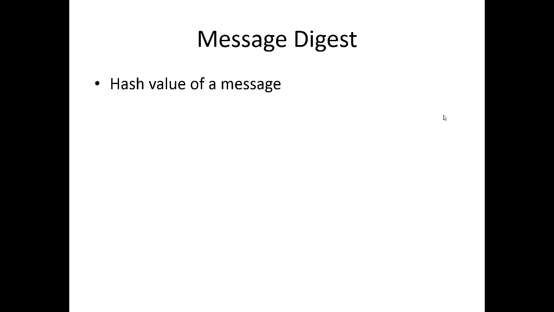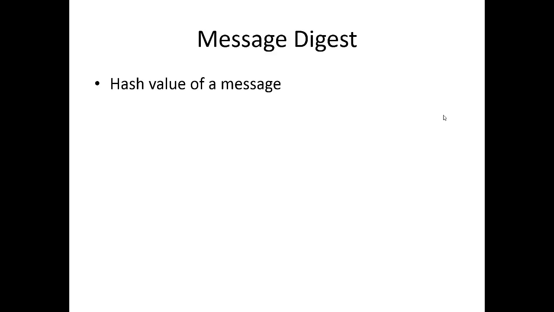The whole idea behind this message digest is that you can use it as evidence to check the integrity of the message. For example, if the value of the message digest changes between sending and receiving of that message, that means the integrity of that message has been violated.